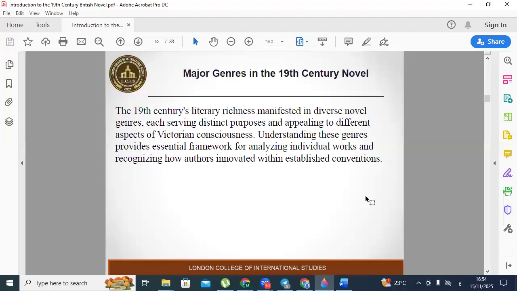When you recognize that Jane Eyre combines Bildungsroman with Gothic romance, you can analyze how these genres interact. When you see how Dickens adapts Bildungsroman conventions in Great Expectations, you appreciate his innovations. Let's explore each major genre in detail.